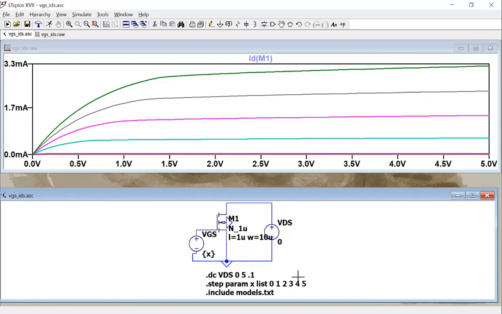For example, pick voltage 3. If I have 3 volts for VGS, constant, not changing, and then I do a DC sweep for VDS, it's going to be the purple line. So this is 4 volts, 5 volts. Bigger VGS will give you a larger current. It's going to saturate at a different voltage as well, or current.